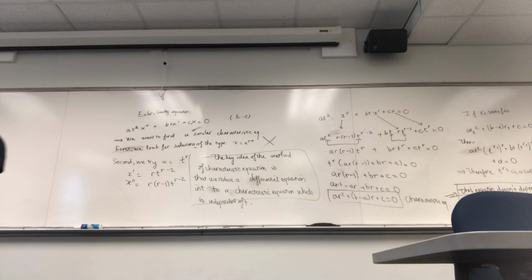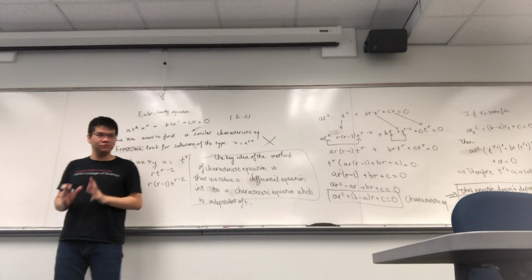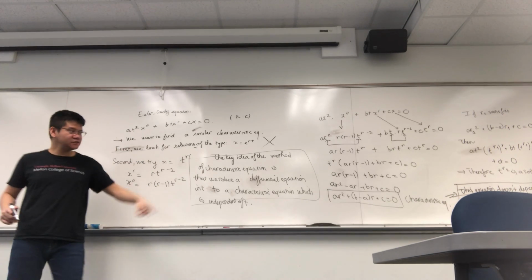So the key idea of the method of characteristic equation is that first you have a differential equation. This differential equation is an equation of the variable t. This is the trouble, right? But the characteristic equation method allows you to reduce that to an equation which is independent of the variable t, and this is what we did, right?